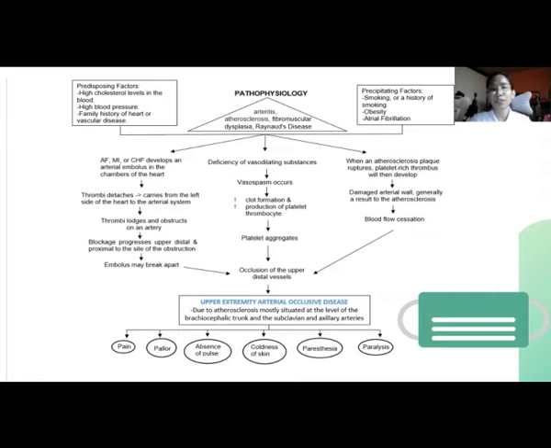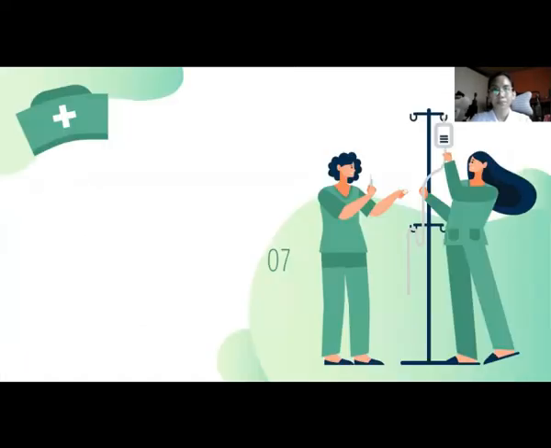It is due to atherosclerosis mostly situated at the level of the brachiocephalic trunk and the subclavian and axillary arteries. And here are the symptoms of the disease: pain, pallor, absence of pulse, coldness of skin, paresthesia, and paralysis. So this is the concept map of the pathophysiology of the disease.